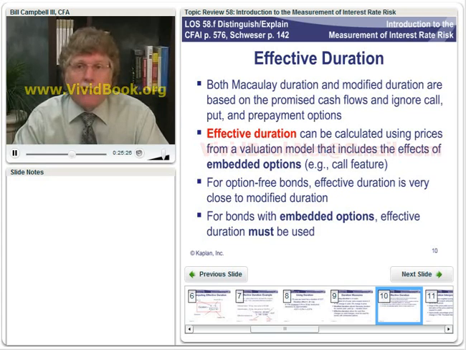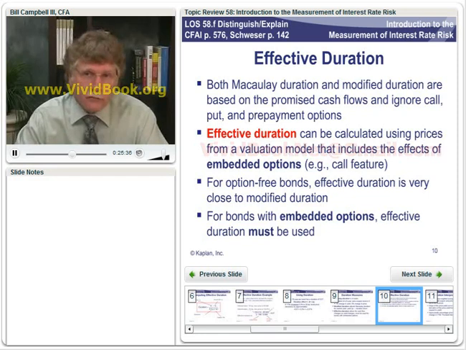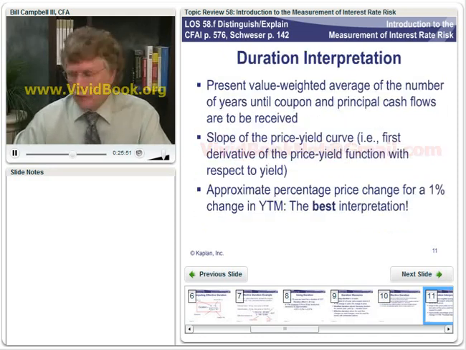If you have bonds with a prepayment option, people sell their houses, people refinance their houses, the cash flows will change from those that were originally promised. In all of those cases, whenever you have embedded options, you need to look at effective duration instead of modified duration to get the price sensitivity, because you need to take into account the fact that the cash flows might change.